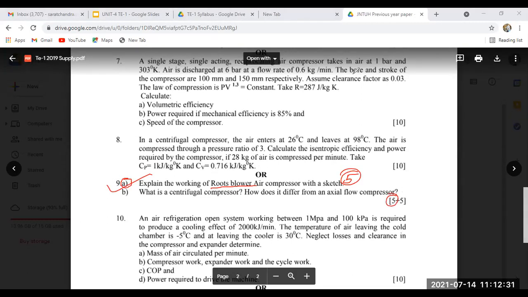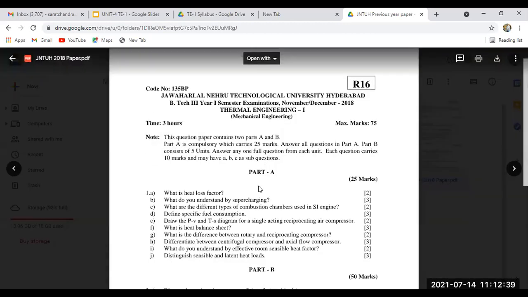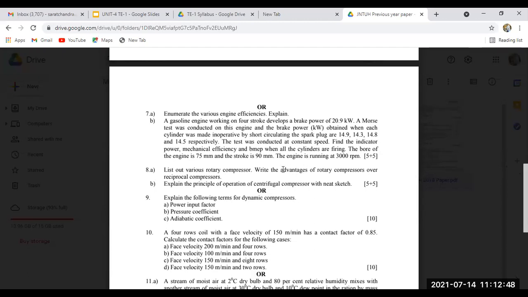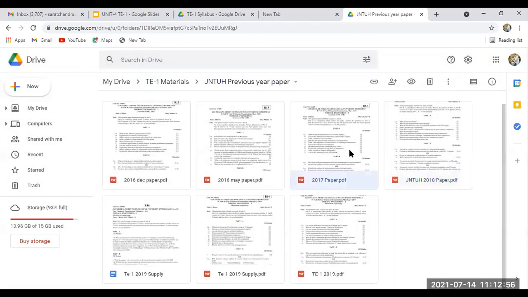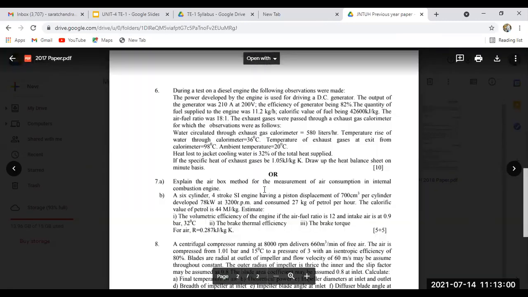Next, if you see the 2018 paper, I think in 2018 they have not asked. Let's check. In 2018 they asked question number 8A: what are the various types of rotary compressor and their advantages.